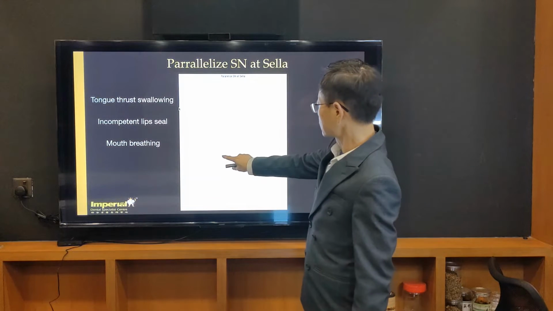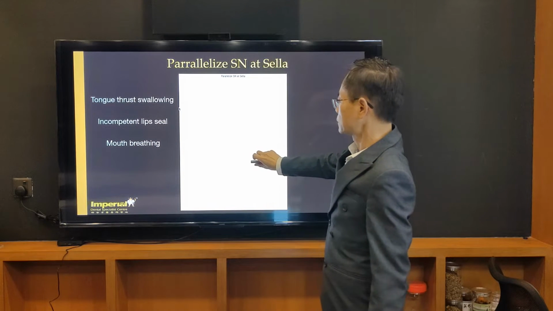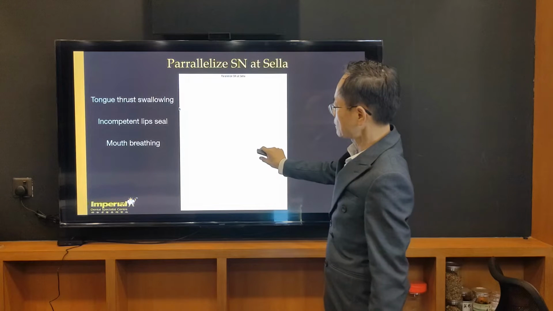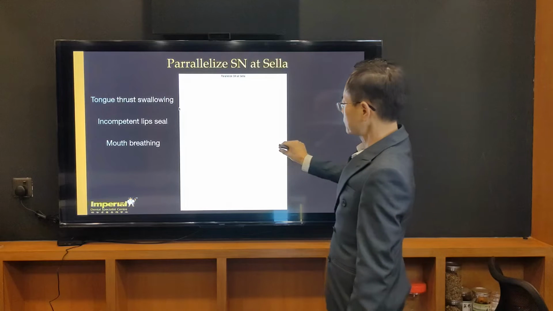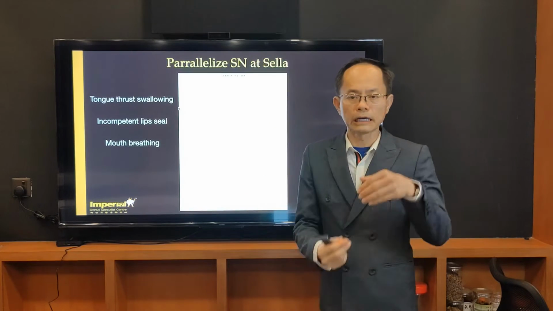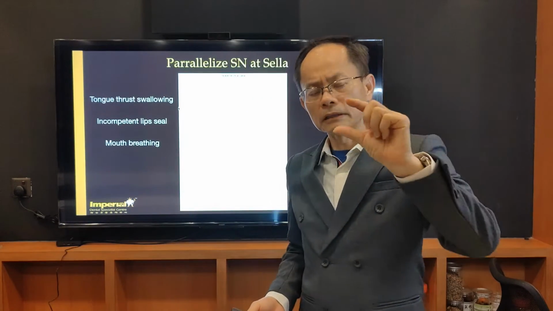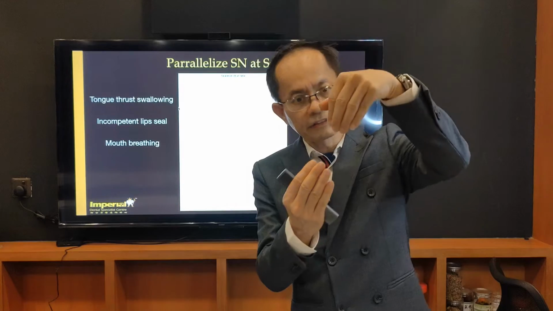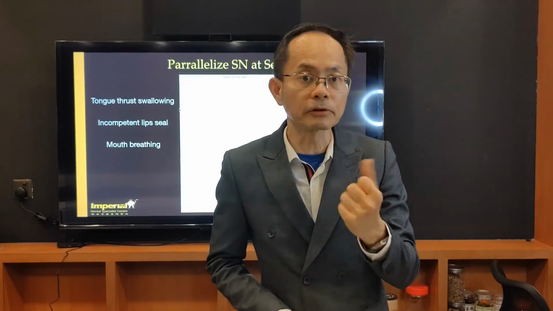As you know, the tongue goes up in between here as a thrusting behavior, so the tongue prevents the teeth from touching together, and as a result it also affects the lips from sealing together. So the lips are not able to close, the tongue gets in the way such that the teeth are not able to close, and it forms an anterior open bite problem.